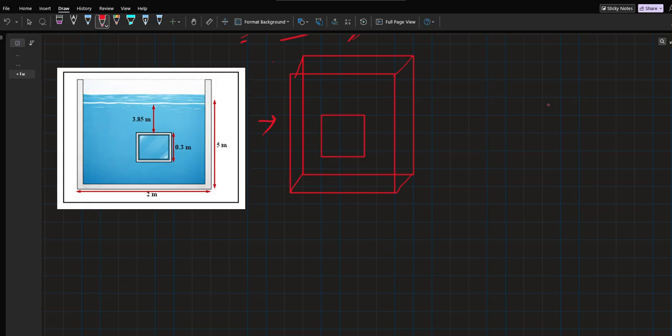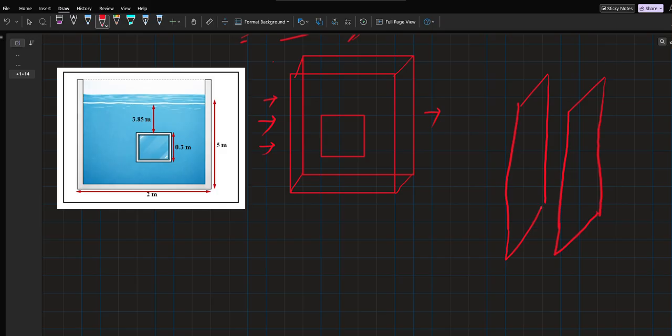Once you're viewing it from this side, it will look something like this, right? May not be accurate, but yeah, something like this. And this is the window we were talking about.